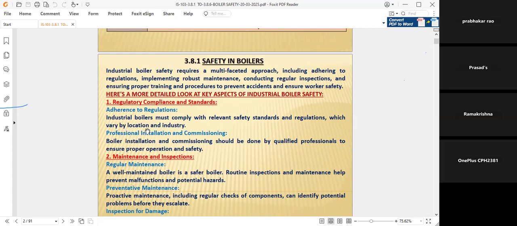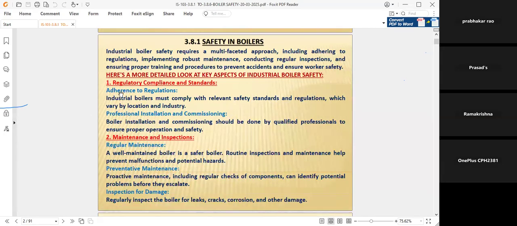Depending upon that, we have to apply for or take the license, and construction takes place accordingly. During the running of the boiler, we need to comply with all the regulations and standards of the regional, central or state authorities. That is called adherence to the regulations.